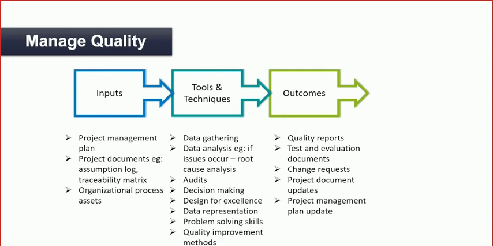The tools and techniques we use for manage quality are data gathering, data analysis, audits, decision making, data representation, problem solving skills, and quality improvement methods. The outcomes of manage quality could be quality reports, test and evaluation documents, change requests, project document updates, and project management plan updates.